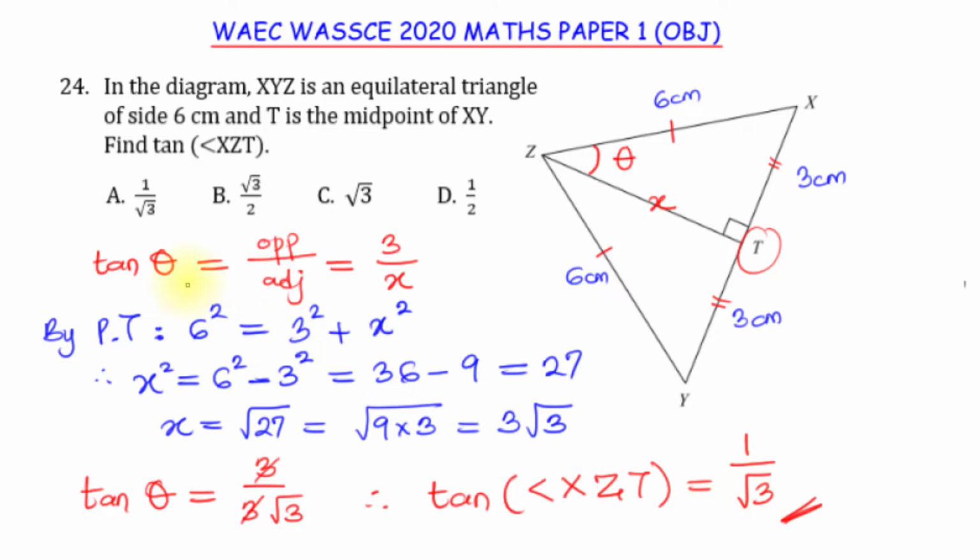Alright. And looking at the options, we can see option A, that is 1 over root 3. This is quite interesting. Okay. Our understanding of SOHCAHTOA and our understanding of the Pythagoras theorem that was applied there helped us to solve this question correctly to get our answer as 1 over root 3.